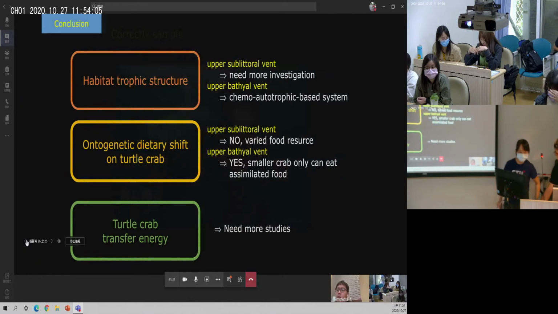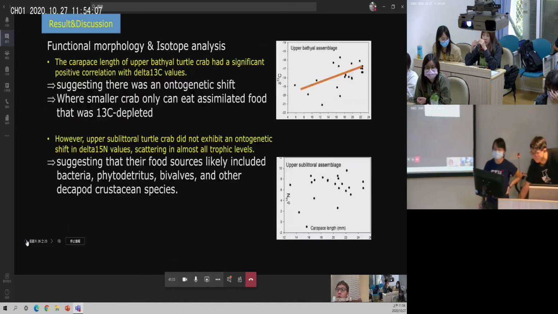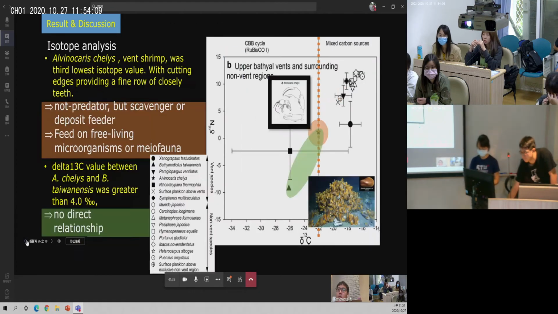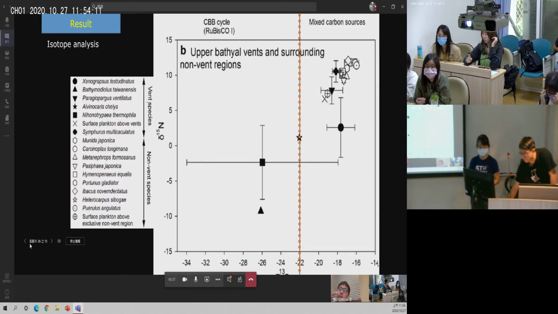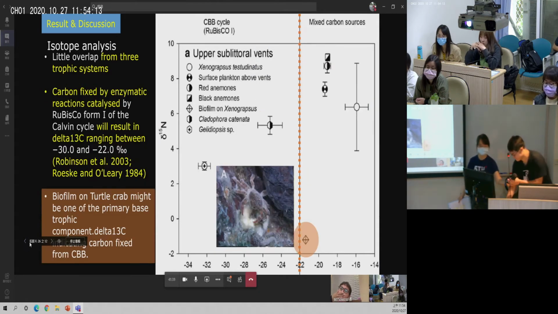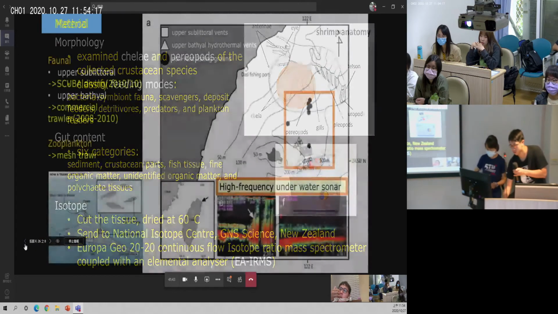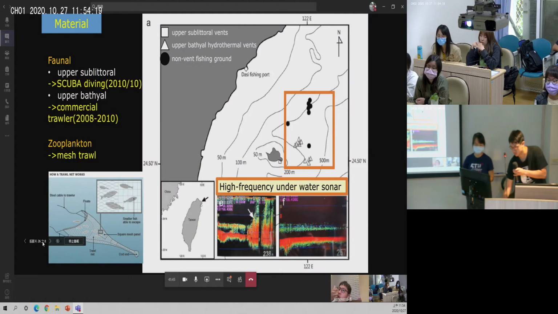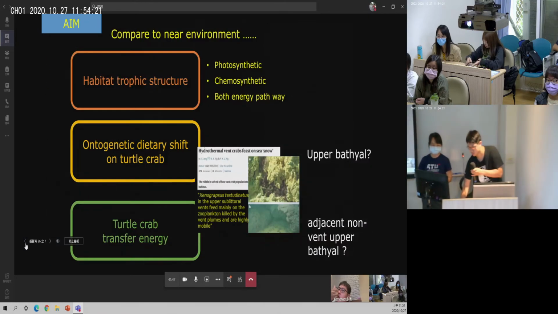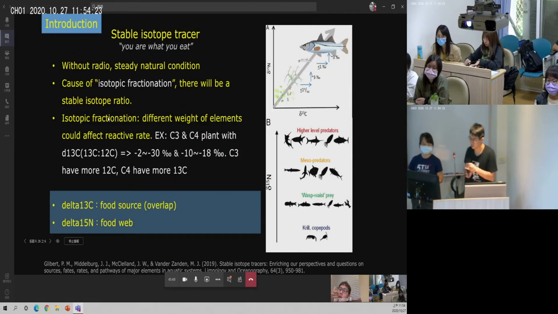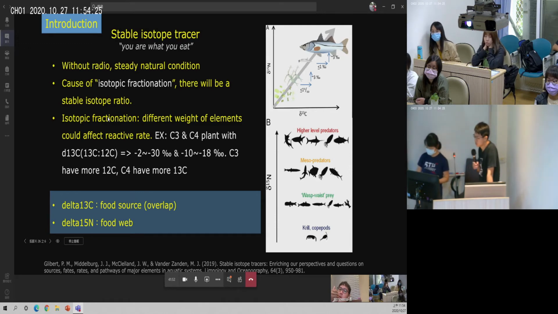Can you explain again the isotope analysis? What's the question? She wants to know why isotope is analyzed. Okay, because we want to construct a food web, and we use the stable isotope as a tracer.